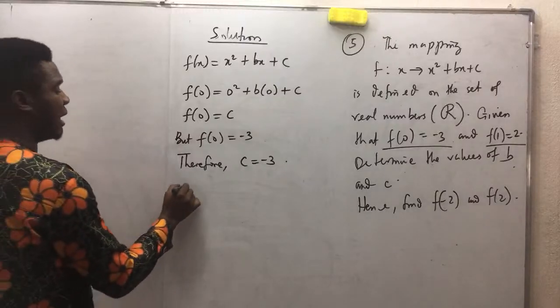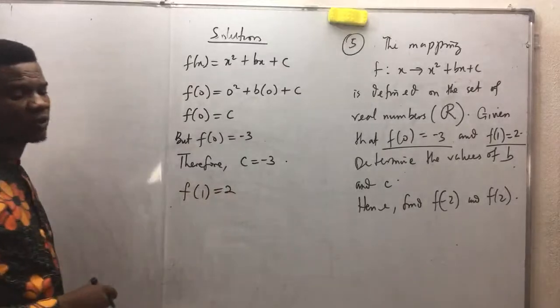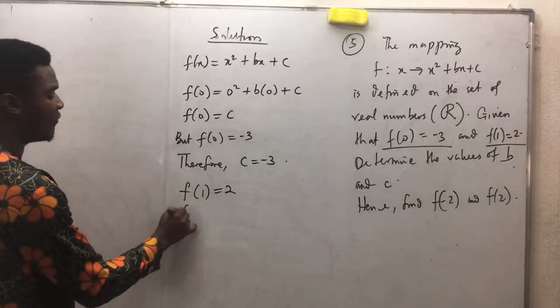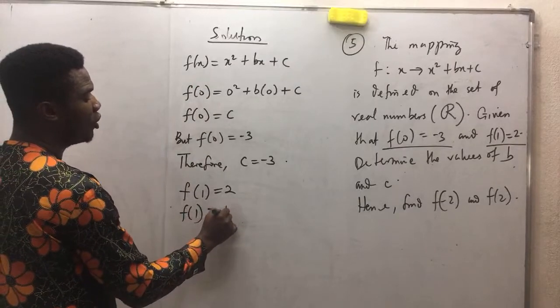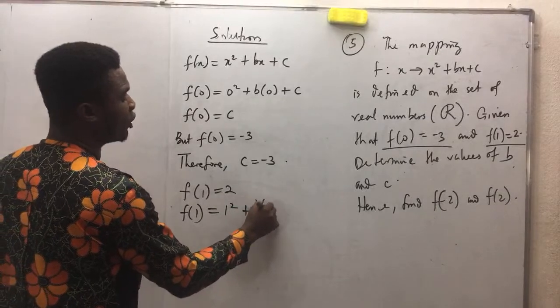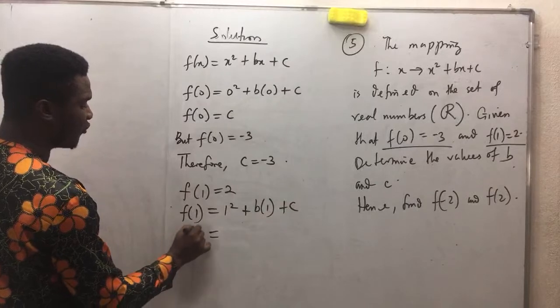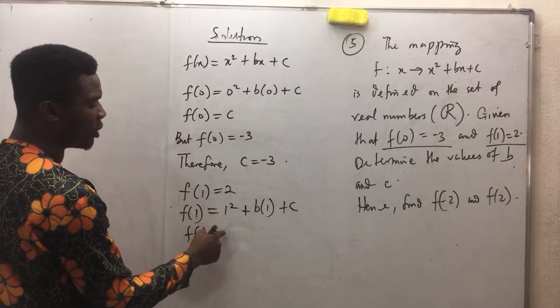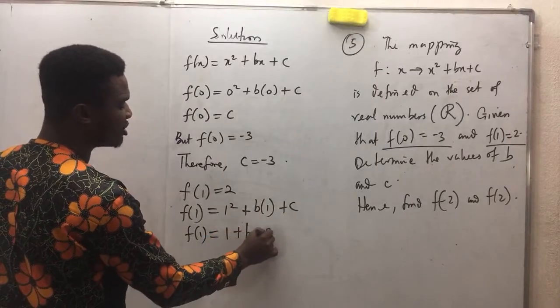Now, I will go over to f of 1. F of 1 we are told is equal to 2. So f of 1 using the function given to us will be equal to 1 squared when x is 1, plus b times 1 when x is 1, plus c. And that would amount to f of 1 being equal to 1 squared, which is 1, plus b times 1, which is b, plus c.